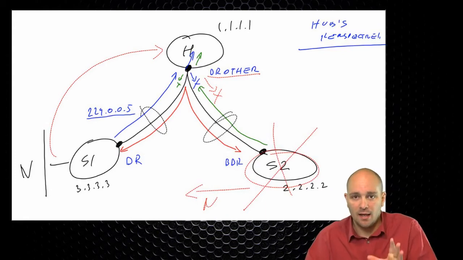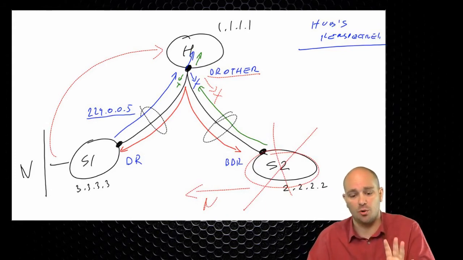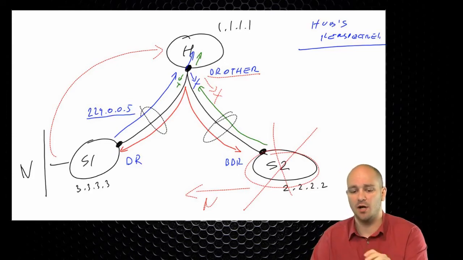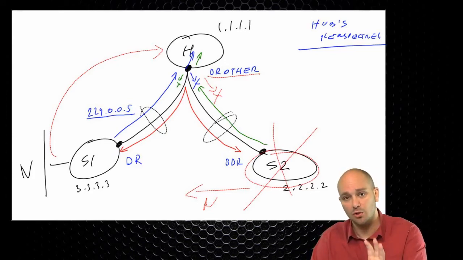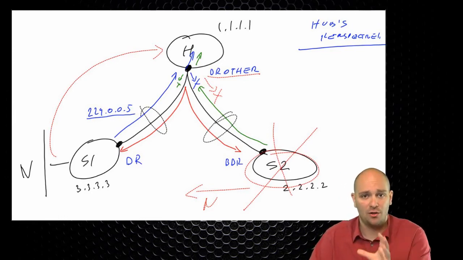This is why whenever you have hub and spoke networks, you need to absolutely ensure that if you are using the network type that elects the DR and the BDR, the hub is the DR. And you need to ensure that no other routers in that segment can ever become the designated routers.